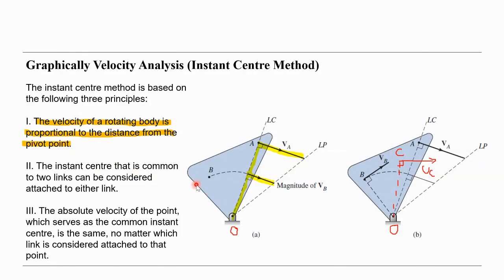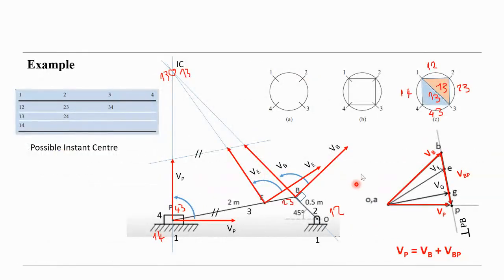Based on this, we turn this VB 90 degrees in that direction and indicate VB on that line.